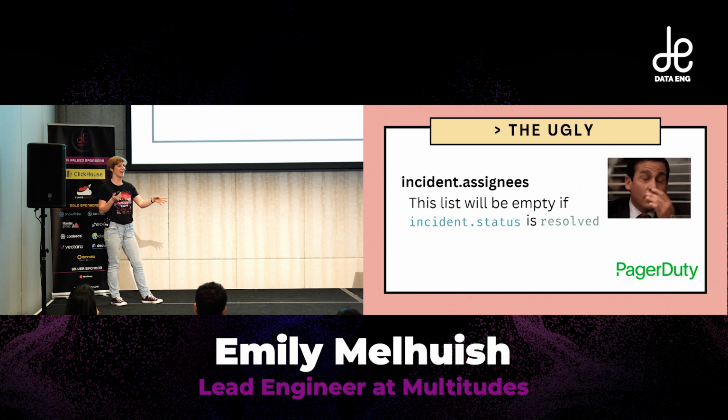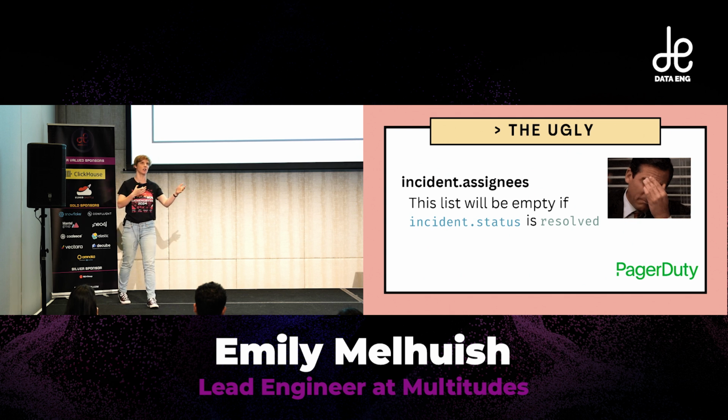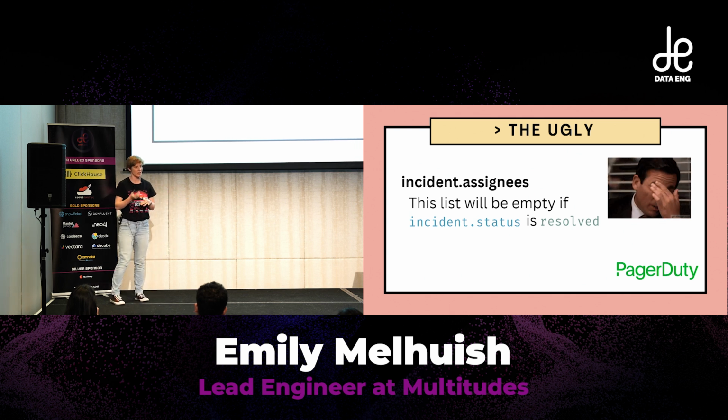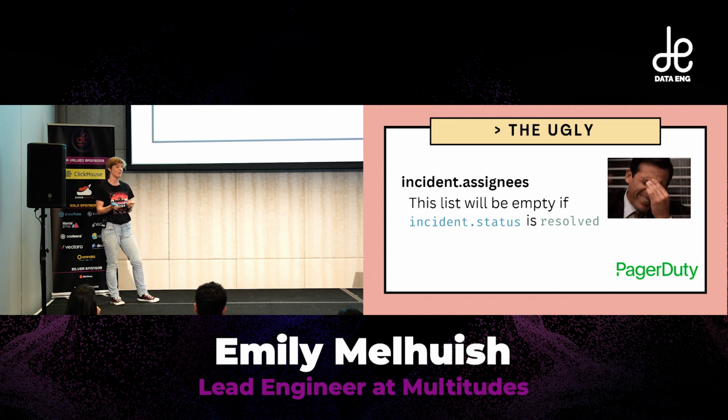So once we get the incident resolved event, there's no assignees anymore. While this isn't terrible, right, we have the events, we can look back and see who was assigned when. We did not realize this at first, and our assignees were coming through as empty, and we didn't know why until we found this obscure bit of documentation. So yeah, just not really the best from a data perspective, but I understand why you probably want to clear that field from a developer point of view.